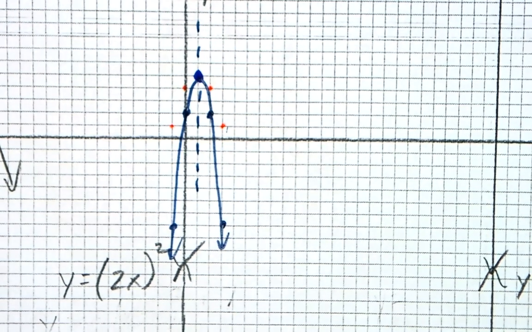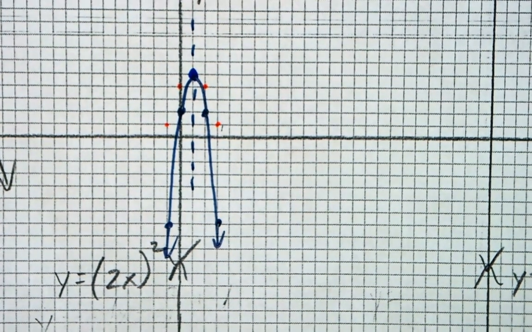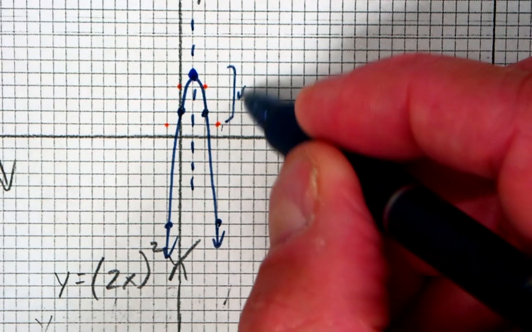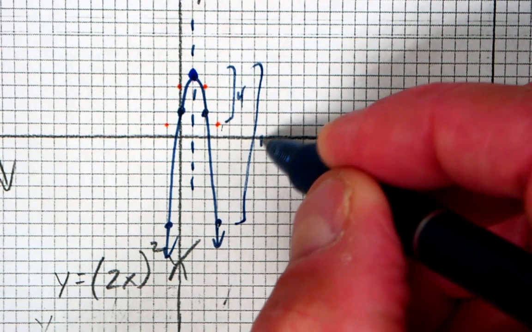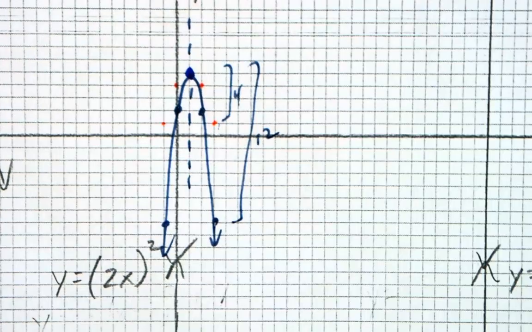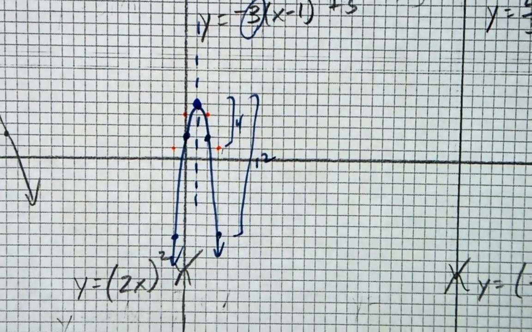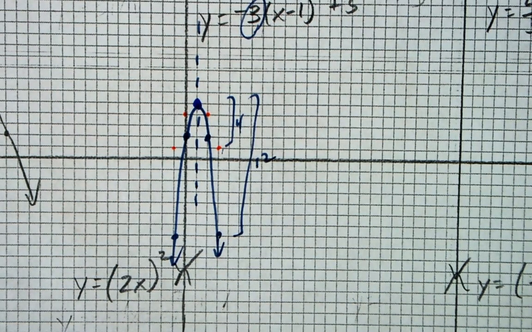There we go. So you can see that from my orange points, it used to be down 4, but now it's down 12. 3 times as much. Okay?